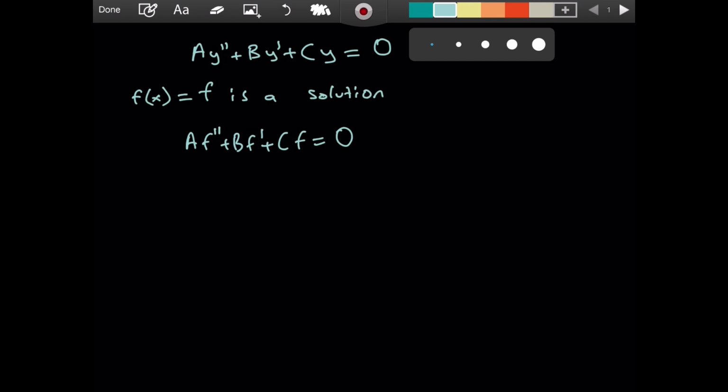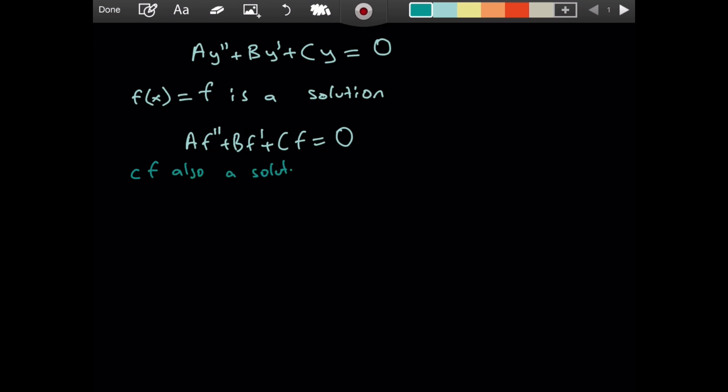Now, with that being said, I wonder, is a constant, so let's say k times f, also a solution, right? If I just multiply the already existing solution with a constant, with a number, is that still a solution to the differential equation? Well, let's see.